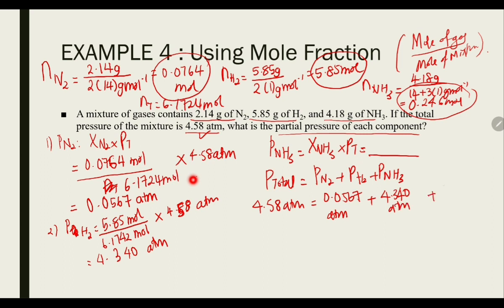Now we just need to find the partial pressure of ammonia. How? Just subtract the pressures of the other two gases from the total pressure. If you do so, you will get the partial pressure of ammonia to be 0.1833 atm.